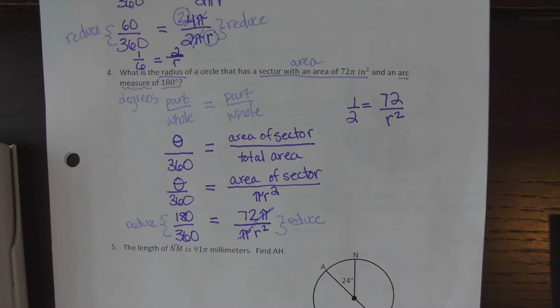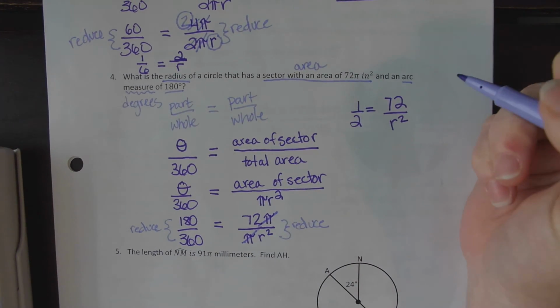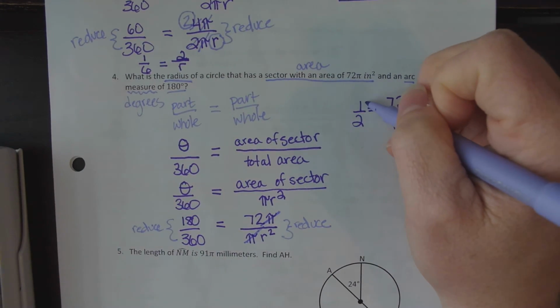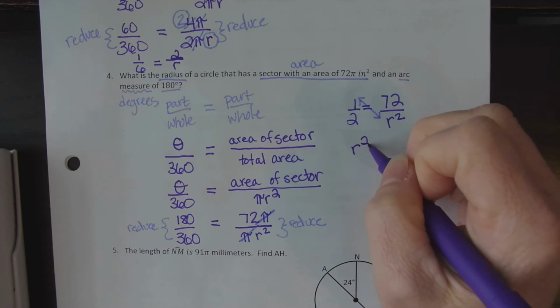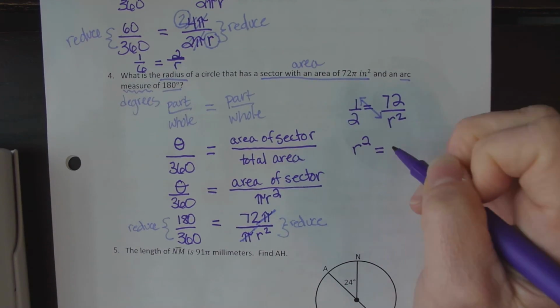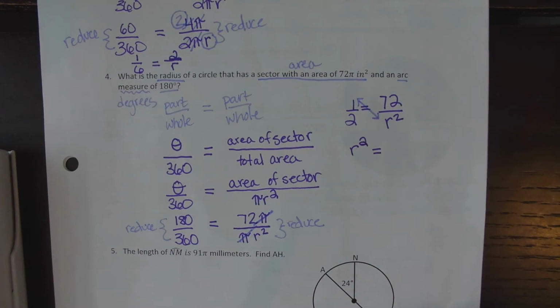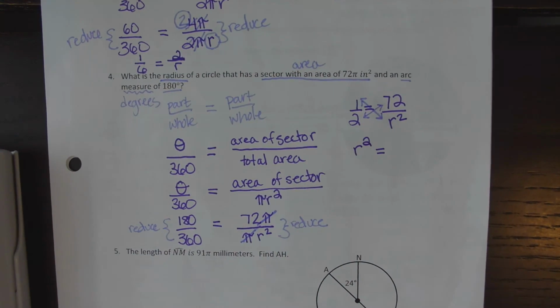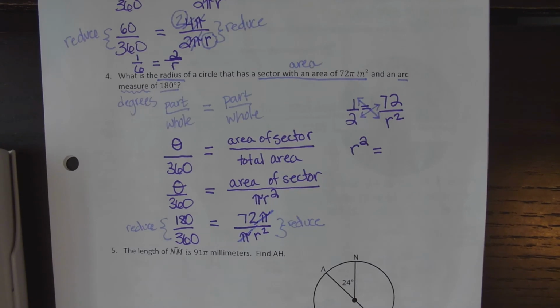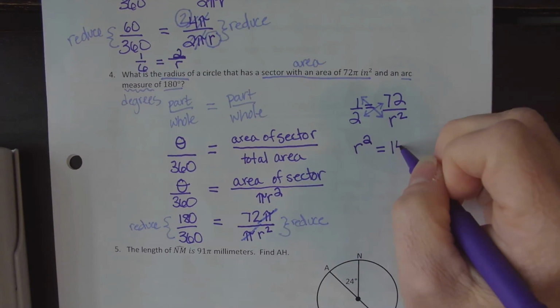Well, I have a proportion, a fraction equal to a fraction, so I'm going to cross multiply. 1 times r squared is 1r squared. I'm just going to write r squared. And then 2 times 72. 2 times 72, let me just verify, it is 144.